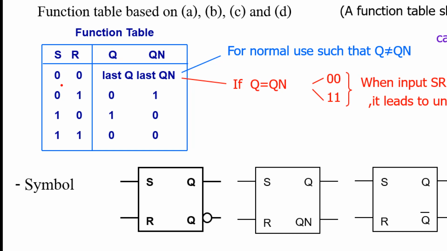And when SR is 0, 1, R is active, it forces output Q to be 0. When S is 1, S is active, R is 0, output Q is forced to be 1. When SR is 1, 1, Q and QN are now 0, 0.